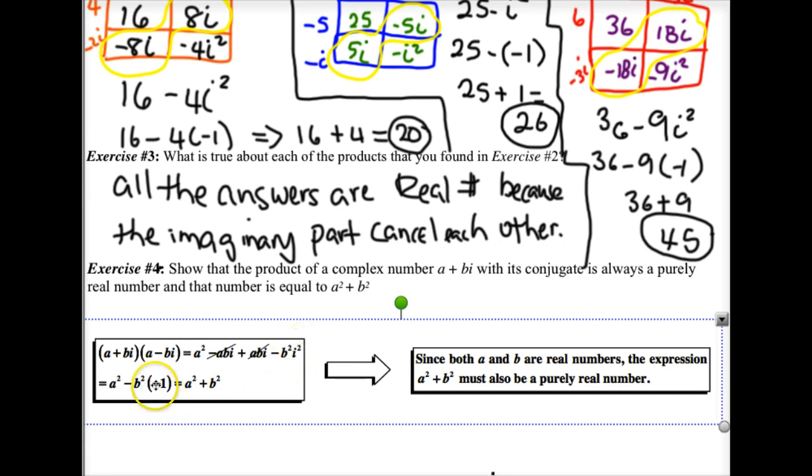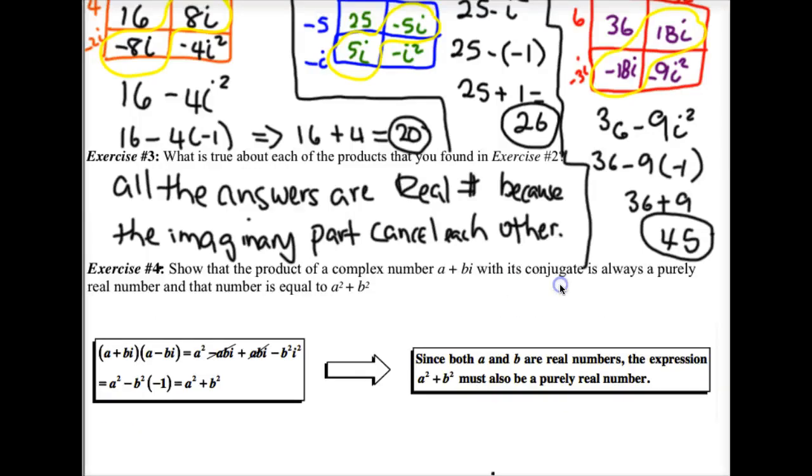I know i squared is -1, so when I do a negative times a negative, it will always give me a positive. So I end up with a squared plus b squared, whatever my a and b are. Since a and b are real numbers, as in our previous definitions, the expression a squared plus b squared will always be a real number, meaning it will be either a positive or negative number.